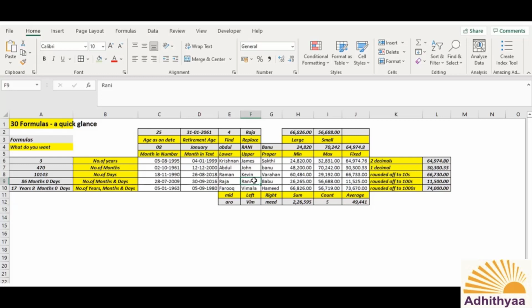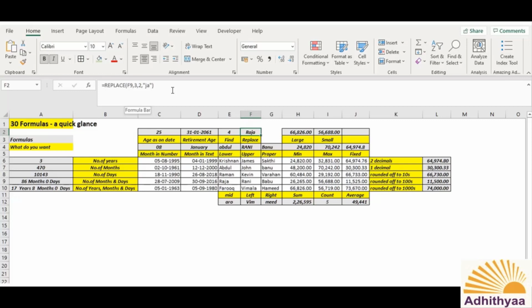I want to replace two characters. If you look at this formula very carefully, REPLACE F9, 3, that is third character onwards. How many characters? Two characters. And with what do you want to replace? I want to replace those two characters with the text JA.